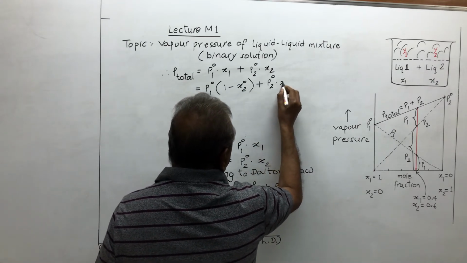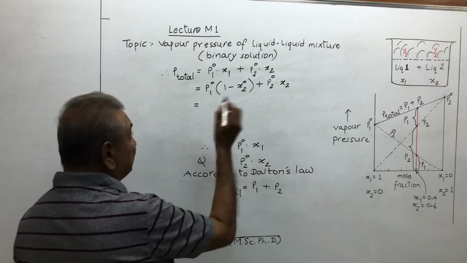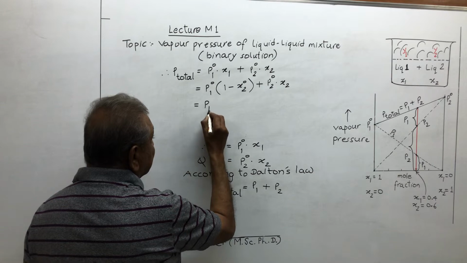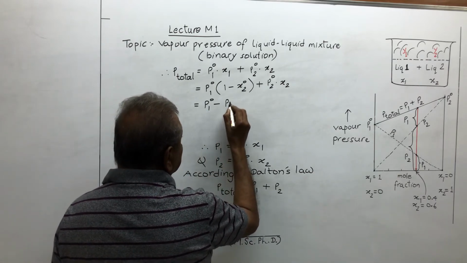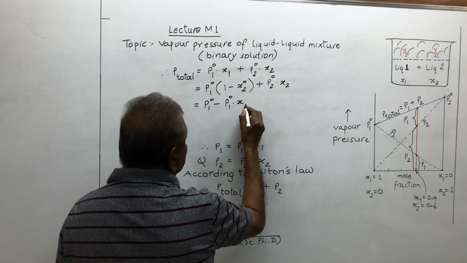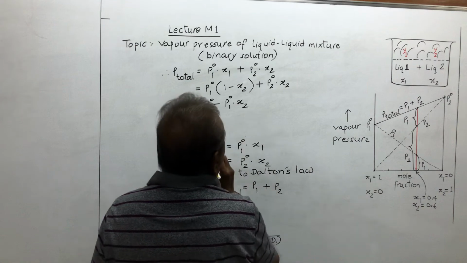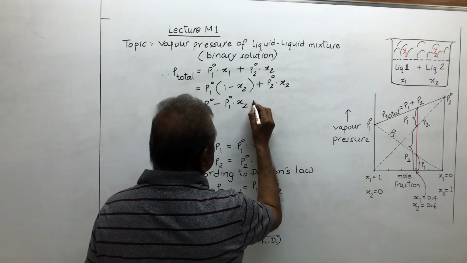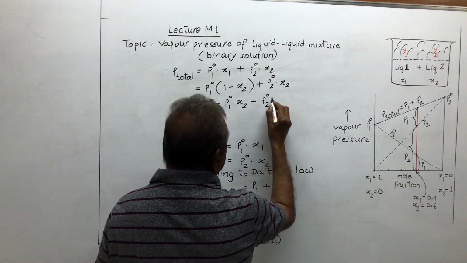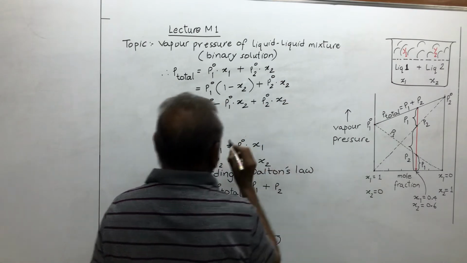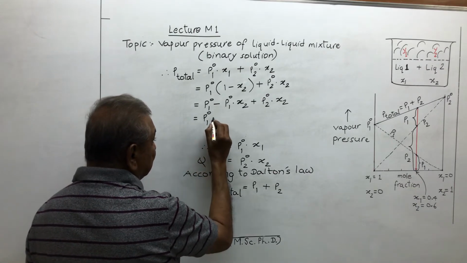P10 into (1 minus x2) plus P20 into x2 equal to, remove the bracket, P10 minus P10 into x2 plus P20 into x2 equal to P10.